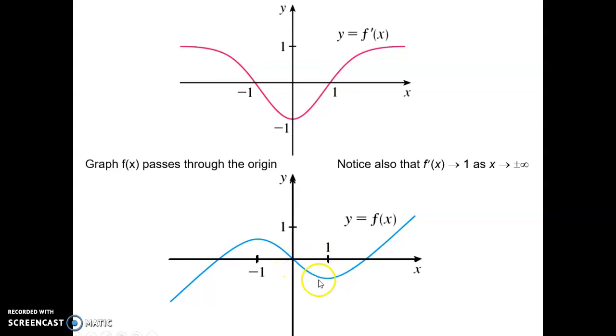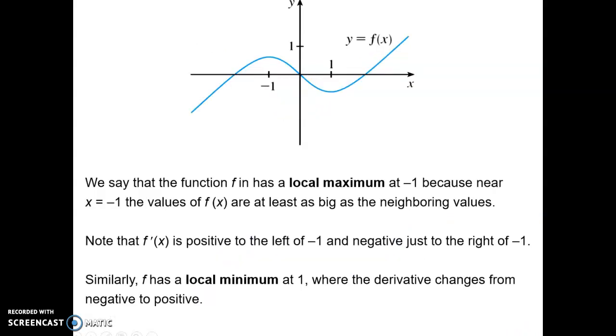Then I have to have a horizontal tangent line again at x equals +1, because the derivative is equal to 0 there. And from 1 to infinity, the derivative is always positive, indicating that the original curve is always rising. There's a sketch of my original function. I've actually worked backwards here and found a sketch of the original function from the derivative function.